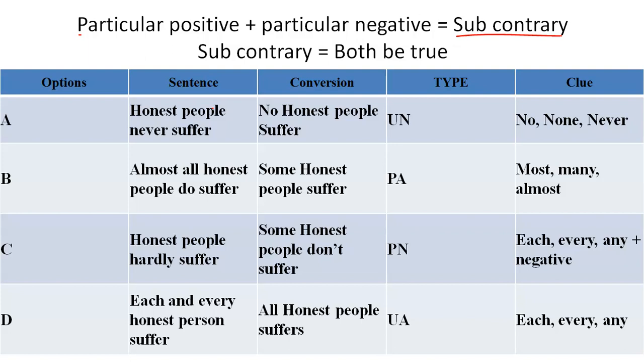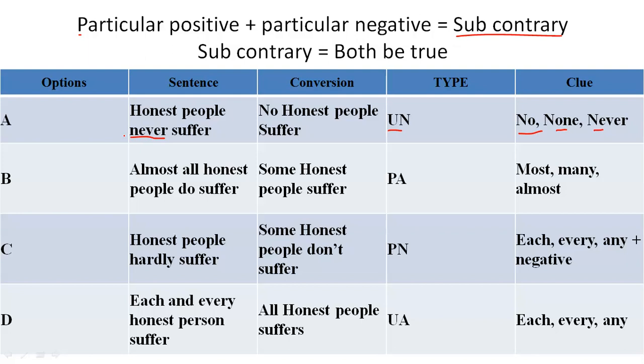When honest people never suffer, here is a clue. When words like no, none, never appear in a statement, it is called universal negative. So this statement is universal negative. Honest people never suffer: I can read it as no honest people suffer. There is no change in the meaning, correct? So the conversion is perfect. Come to B: almost all honest people do suffer.